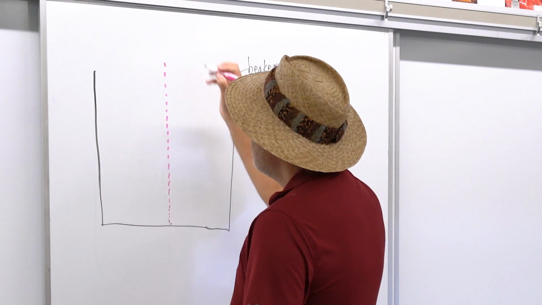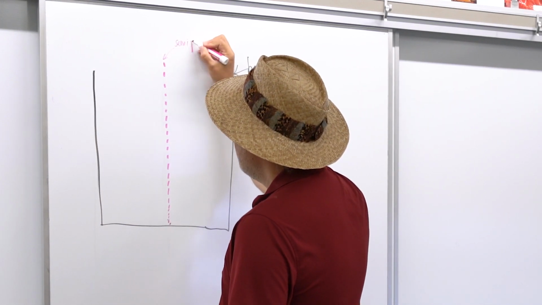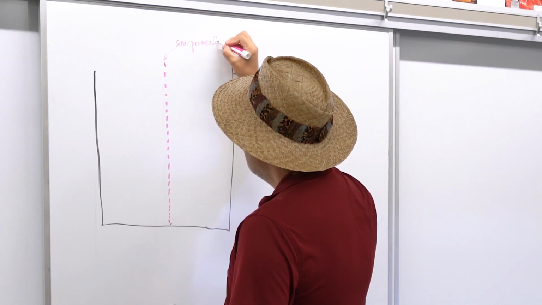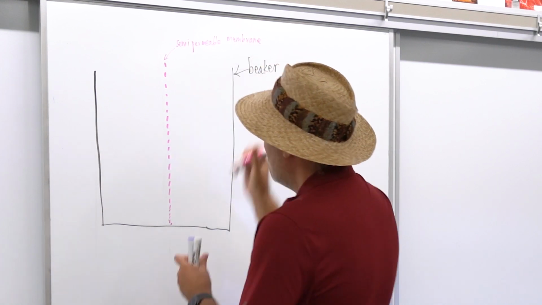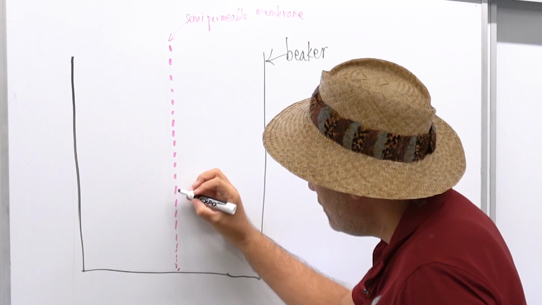let's imagine there's a semi-permeable membrane. Why is it called semi? Well, there's holes right here.